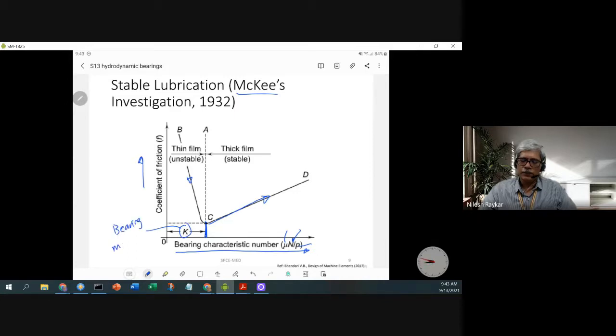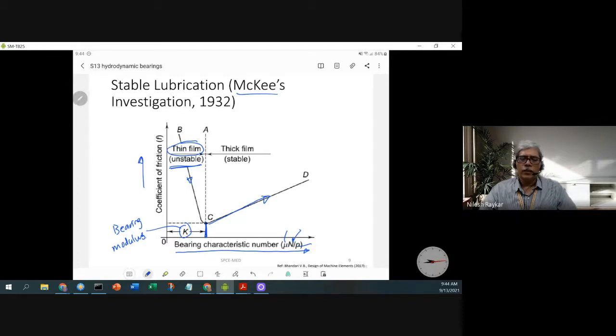Bearing modulus is an important parameter in the sense that if you are operating to the left of this K, that means your characteristic number is smaller than K, then you will find that it falls in the regime of thin film lubrication, which is essentially unstable, in the sense that intermittent metal to metal contact is happening, which is undesirable, especially for high load applications.